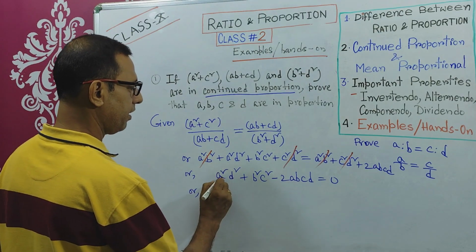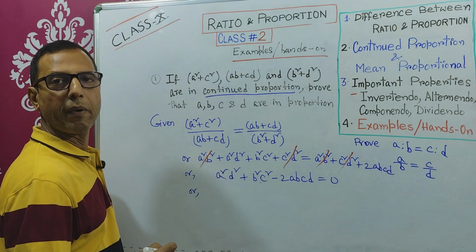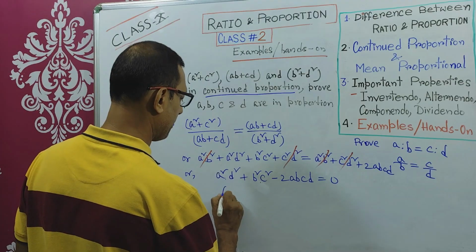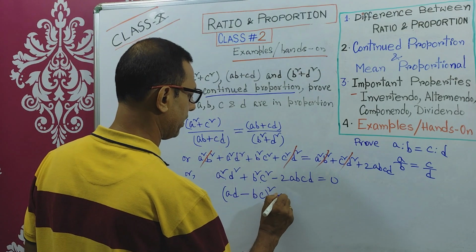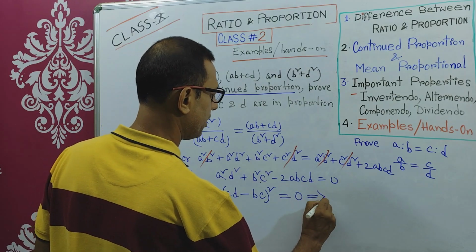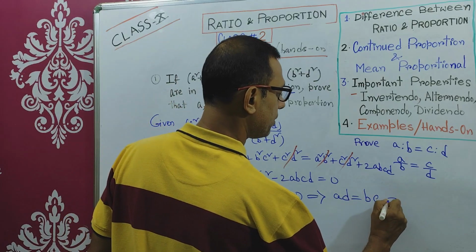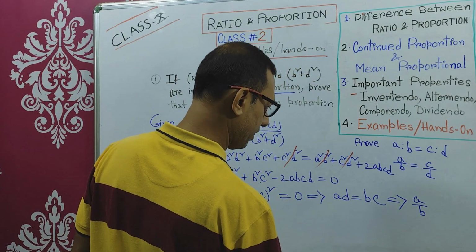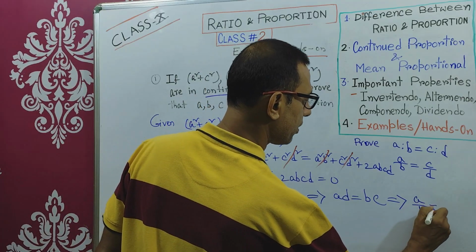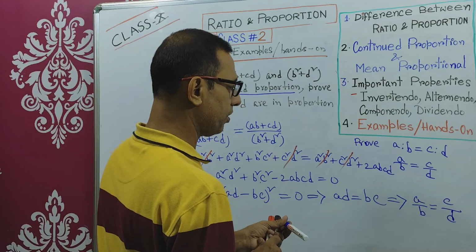It is AD whole square plus BC whole square minus 2ABCD, which means AD minus BC whole square equals 0. That means AD equals BC, which is basically, B is coming down, A by B equals C by D. So this is the relation you needed to prove.